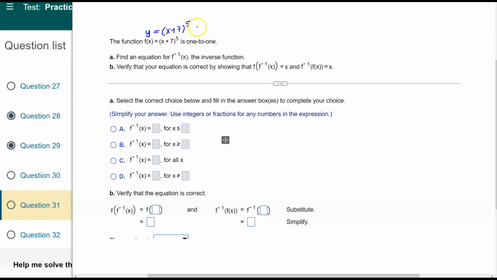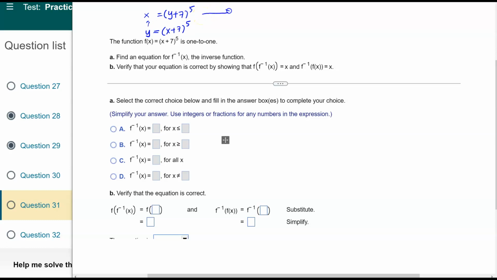Then the next step is to replace the y here by x, so y becomes x, and the x here becomes y. So you have x equals y plus 7 to the 5th.